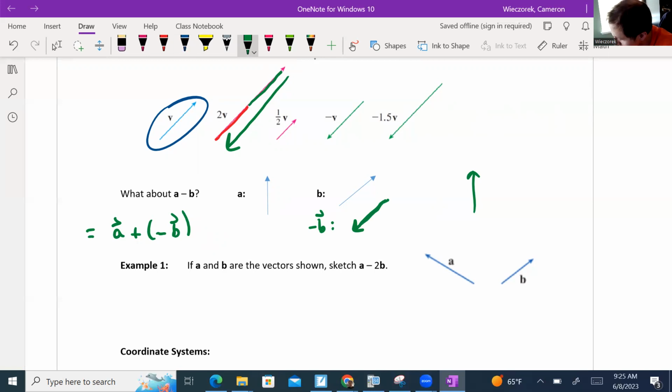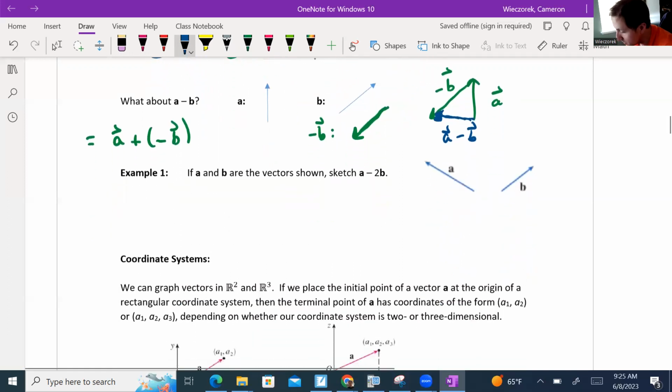So I'm going to move that vector. Here's A. And then here's B, or negative B, sorry. And so I'm just doing A plus negative B. And so my final resulting vector would be, there's A minus B, or A plus negative B. So having this idea of scalar multiplication allows us to subtract vectors and graph them.